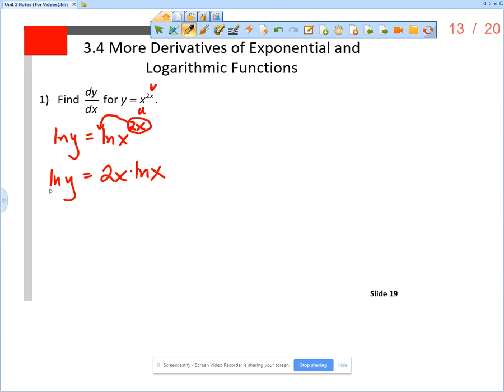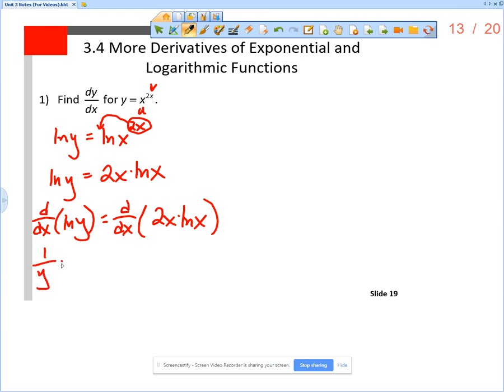All right, so I take the derivative of both sides with respect to x. So d dx of the natural log of y, and then d dx of 2x times the natural log of x. All right, so on the left side, d dx of the natural log of y would be, remember, 1 over y times, don't forget about the chain rule, dy dx.